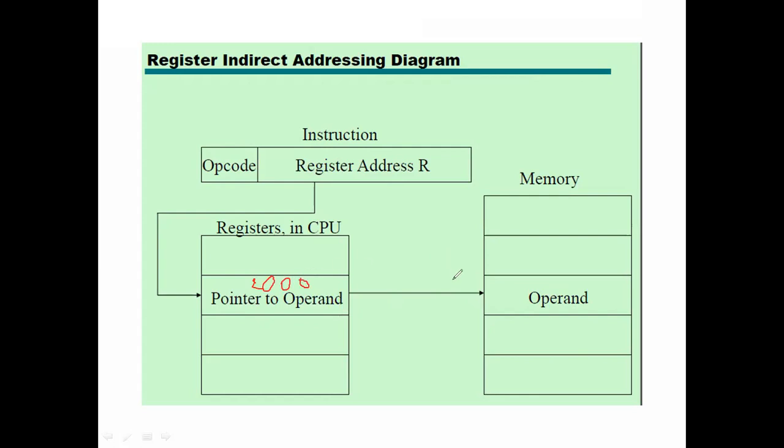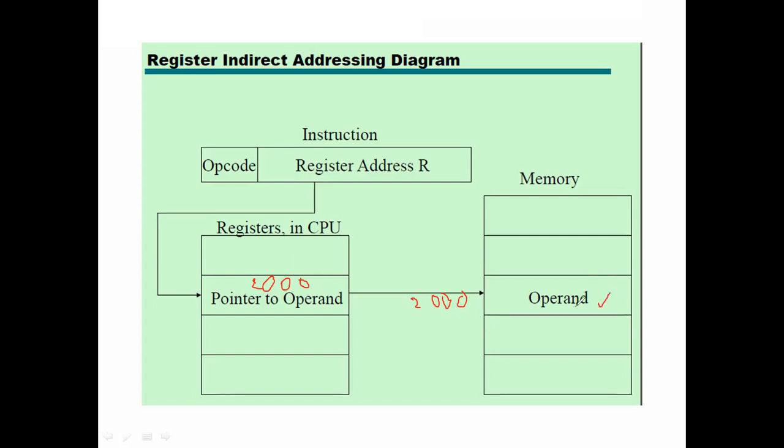Okay, Amma. So this operand will be present in which location? 2000 location. Okay, Amma. So here the R contains the location 2000. In 2000 location, the operand will be present. Okay.